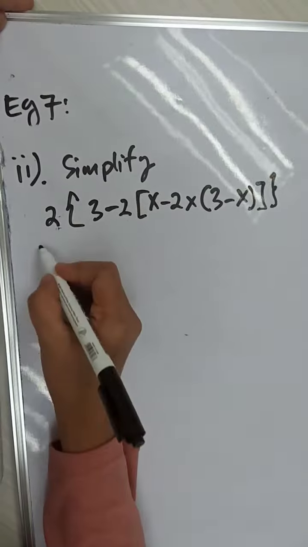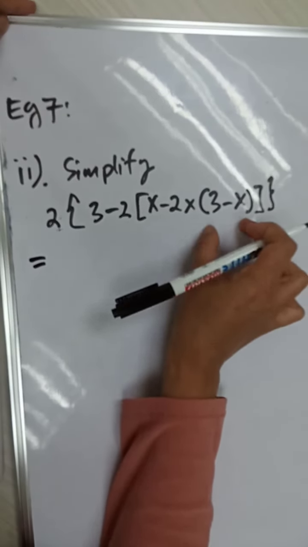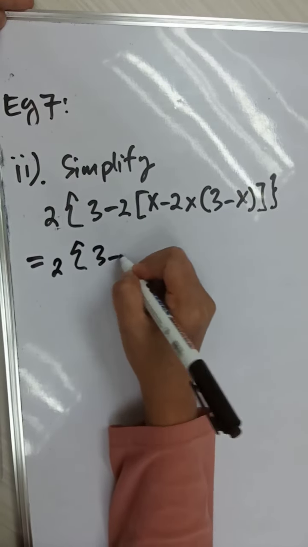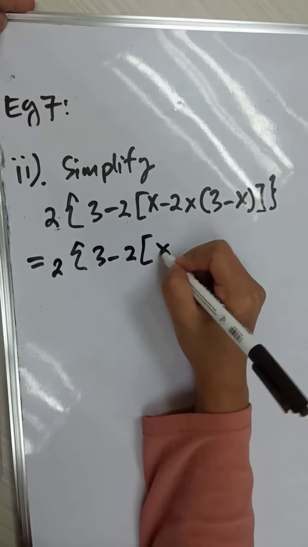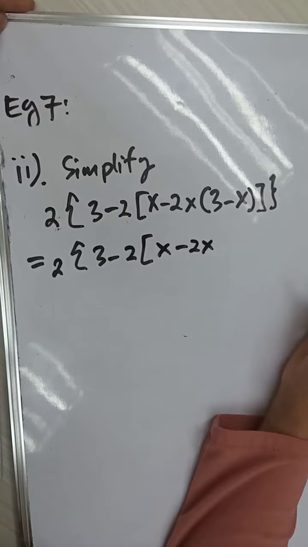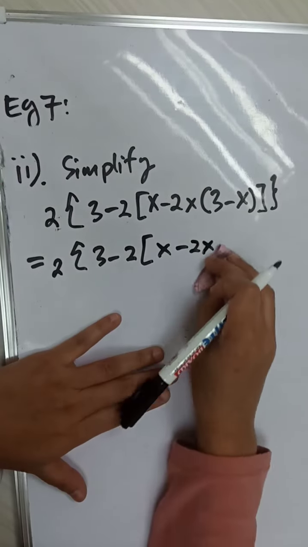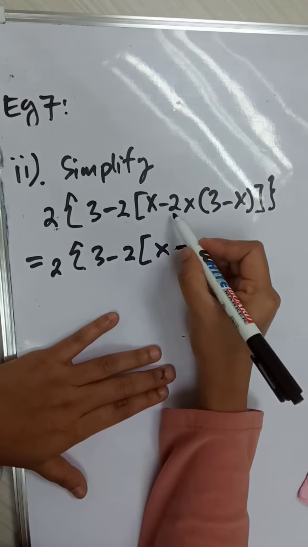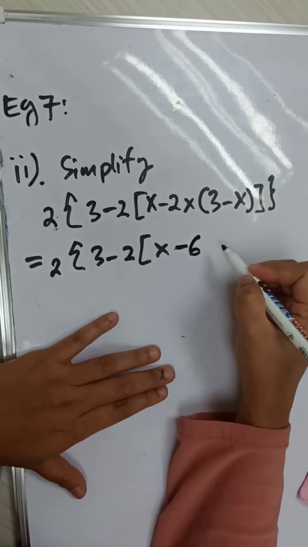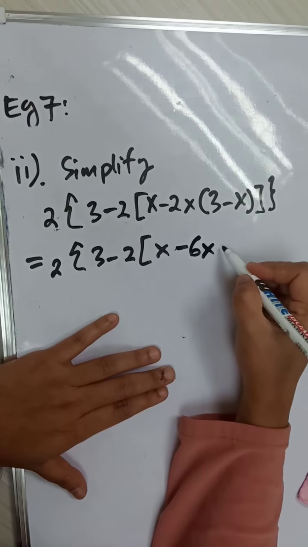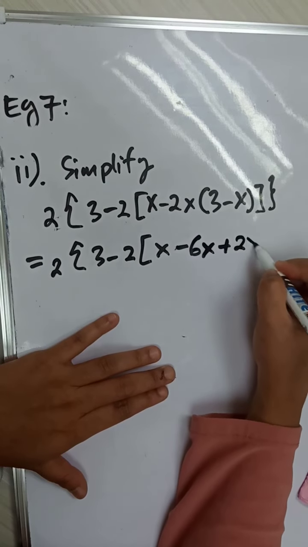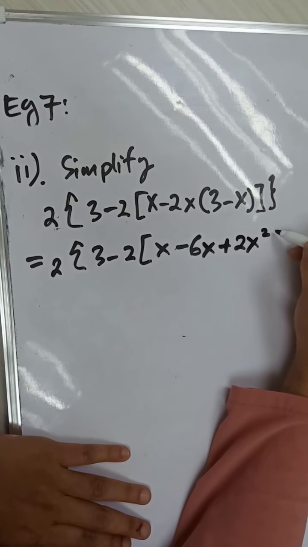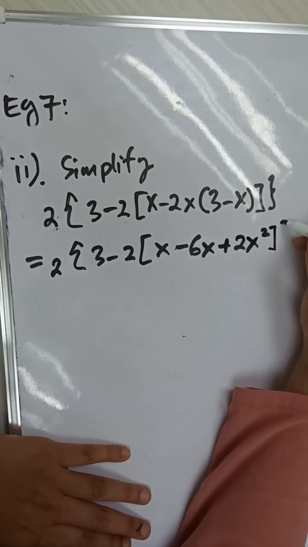Firstly, how can we solve this? Remember, we have 3 types of bracket here. You just copy the first bracket. Now we can see that we can expand. So it will be negative 2 multiply 3, negative 6x, negative multiply negative, positive 2x square. Don't forget the bracket.